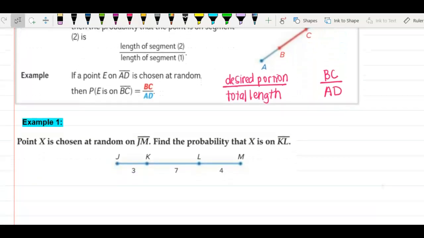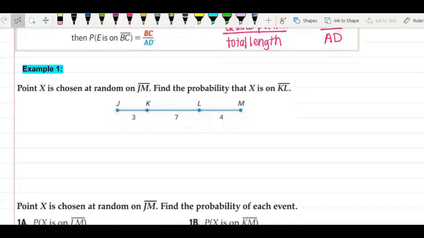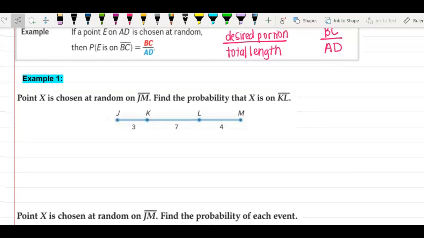So if we look at our first example, we want point X is chosen at random, so we're putting some X on JM. We want the probability that X is actually on KL. So we want the probability X is on specifically the piece KL.